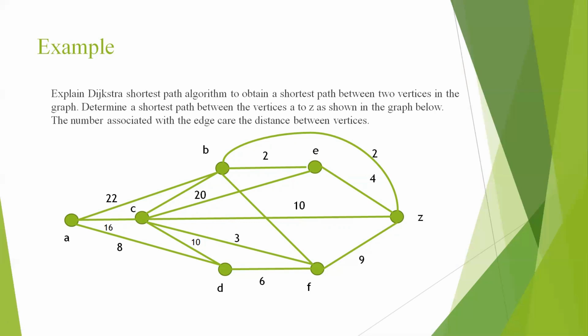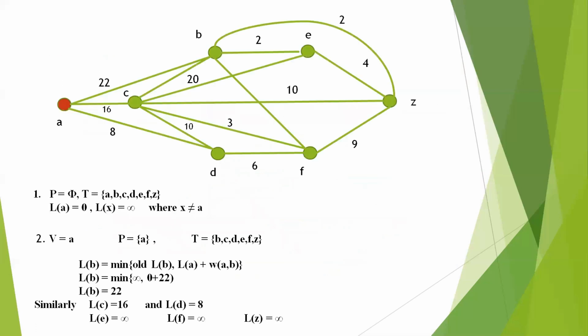So to find out the shortest path, the first step is initially class P equals phi and class T, which contains all the vertices of graph G, so we write down all the vertices A, B, C, D, E, F, and Z. L of A equals initially 0 and the remaining vertices' labels we don't know, so L of X equals infinity.